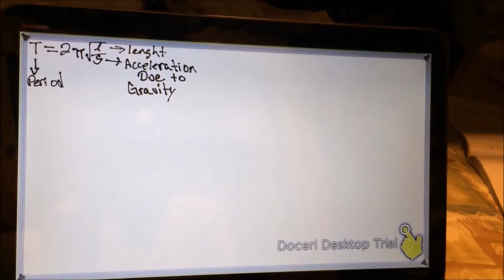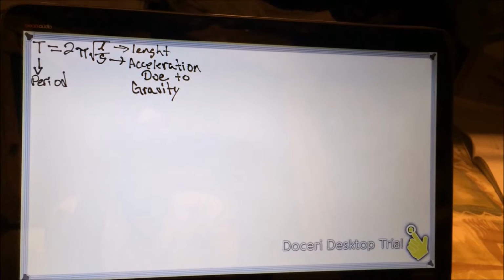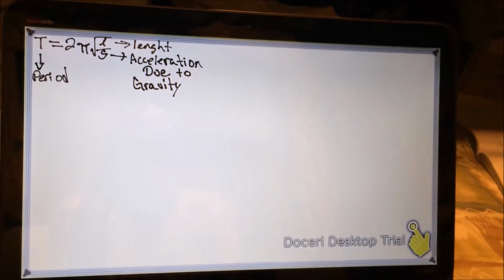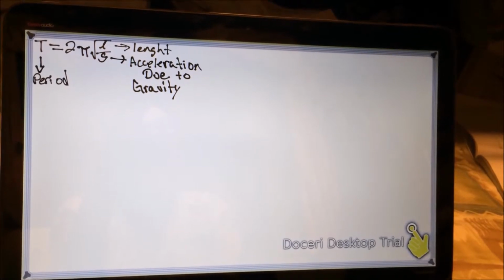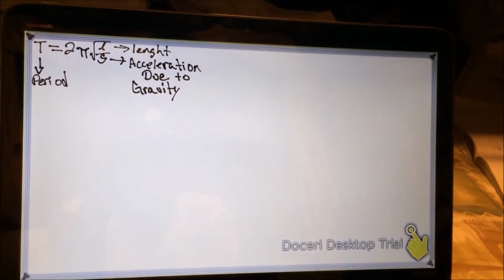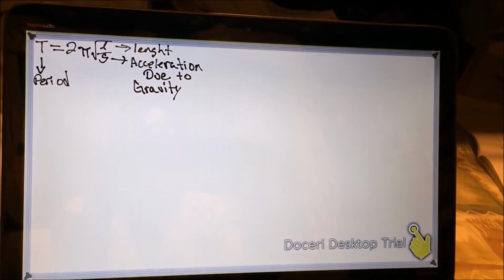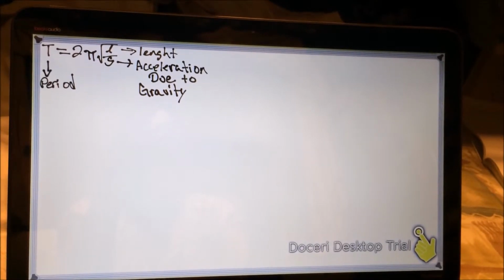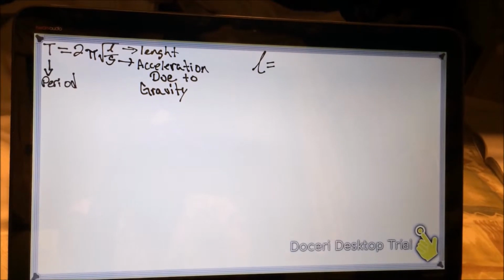Okay, so in order to find the period of a pendulum, we need to use the equation T equals 2 pi times the square root of length over gravity. So we are given the length of the pendulum, which is 1 meter.